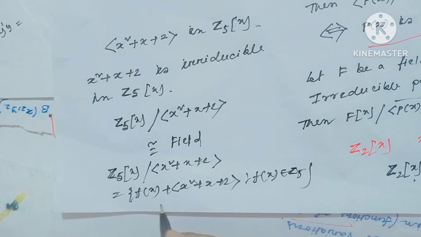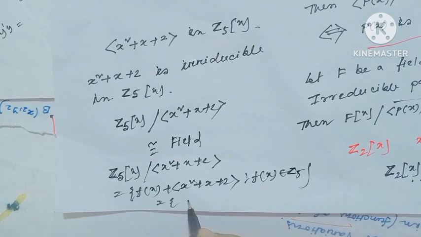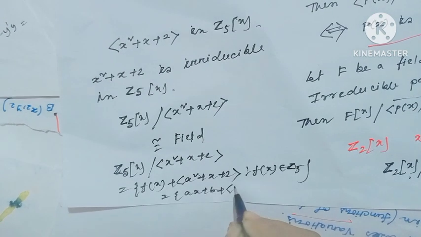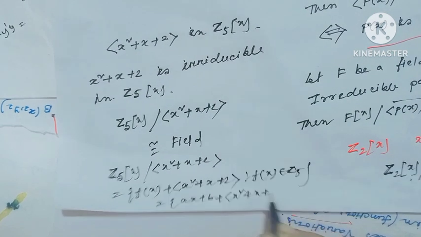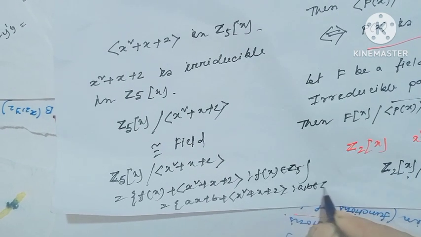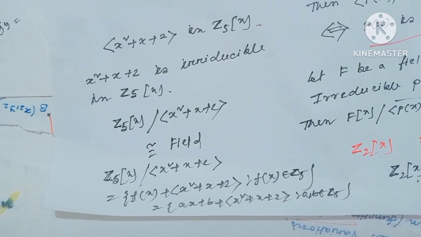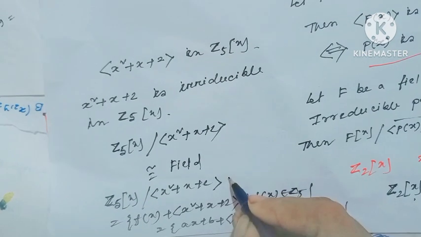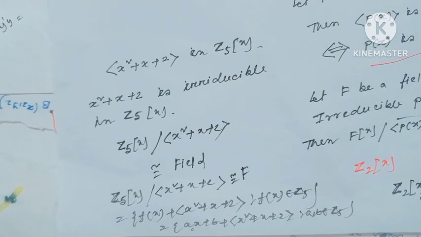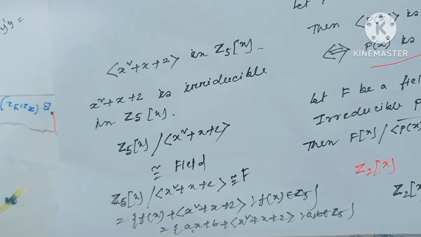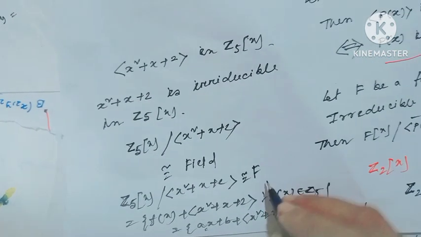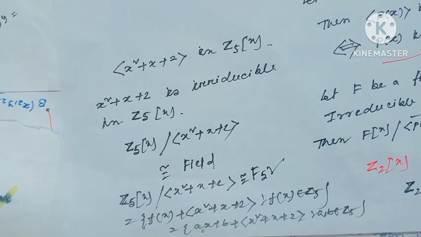That means, similar to before, this would be of the type ax plus b plus the ideal generated by x square plus x plus 2, where a, b belong to Z5. Since a belongs to Z5 and b also belongs to Z5, this is actually isomorphic to F5 whole square.